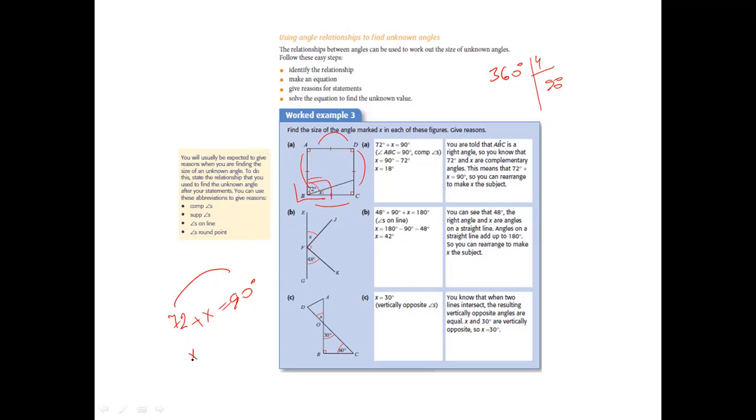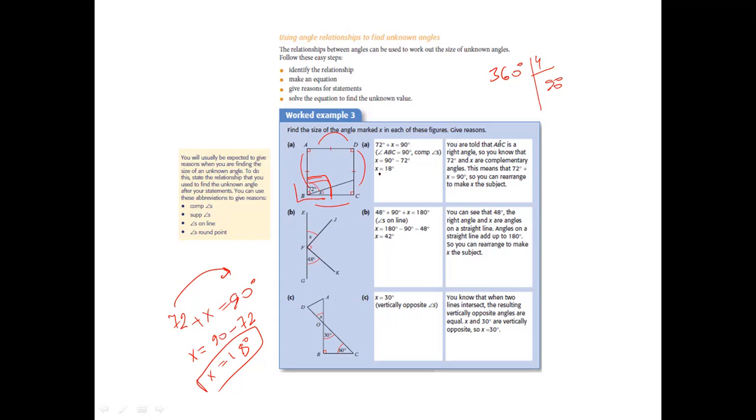From here you'll get x is equal to 90 minus 72. Okay, and exactly, automatically the sign of 72 changed to negative, and x is equal to 18 degrees. So when we put 18 in the place of x, you will get 90 for the angle of B.